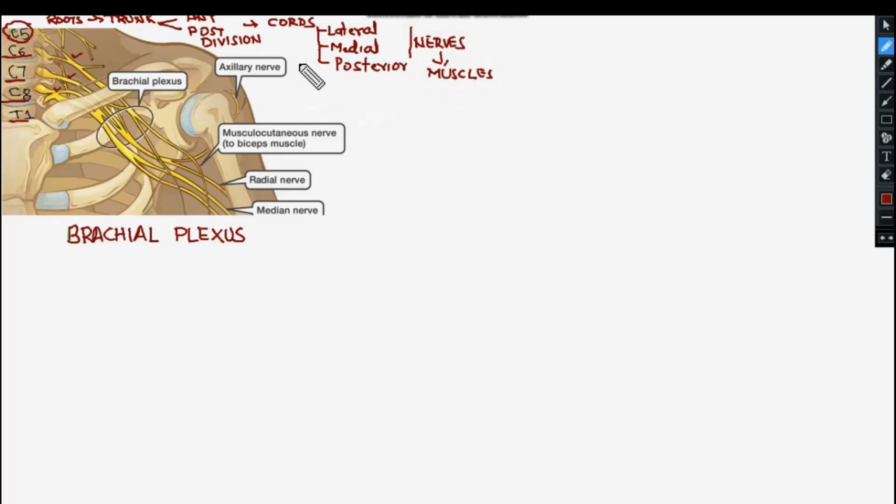We can see all these nerves: axillary, musculocutaneous. Axillary is by C5 and C6, musculocutaneous by C5, C6, C7, radial by C5, C6, C7, C8 and T1. Now we can see the details of the brachial plexus by clicking here on the I button.